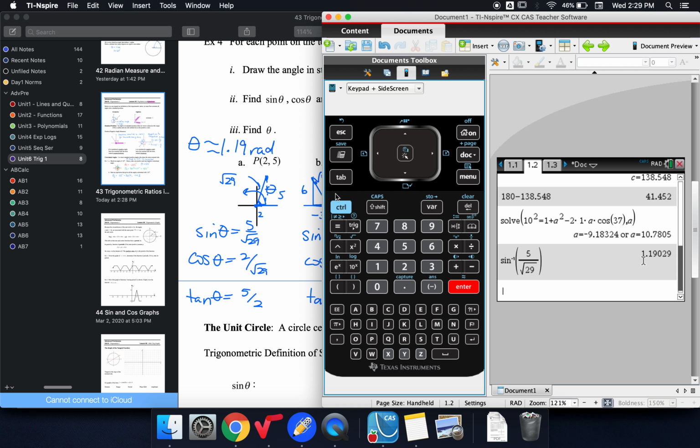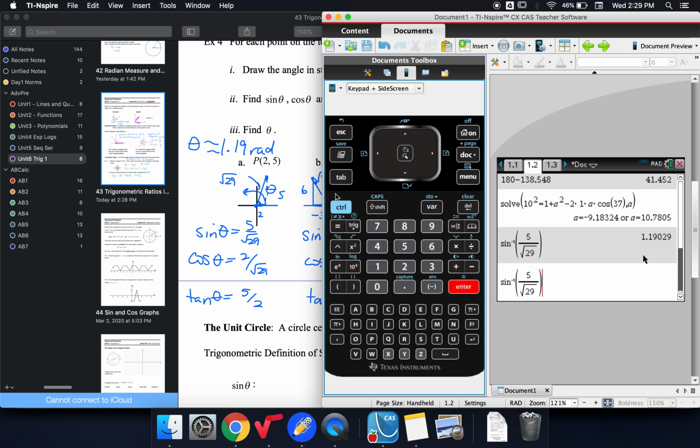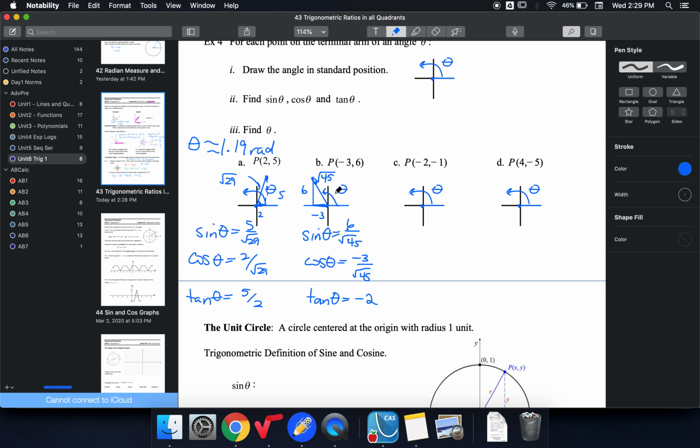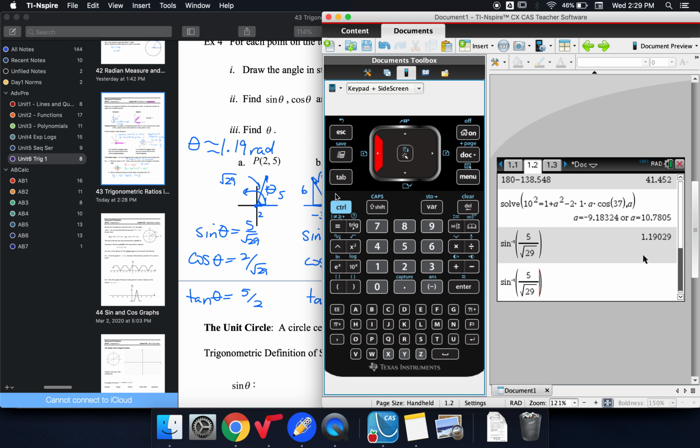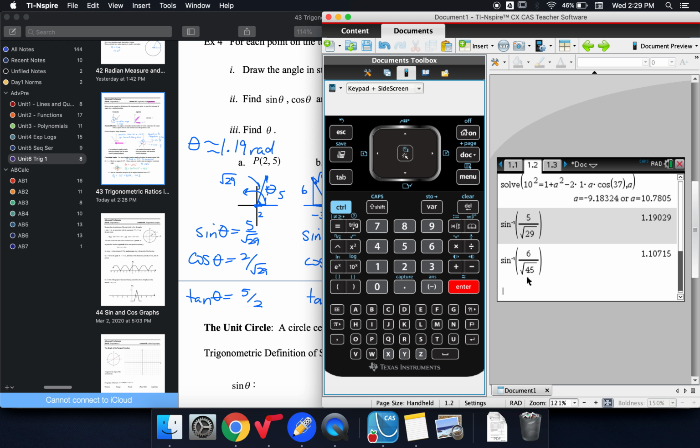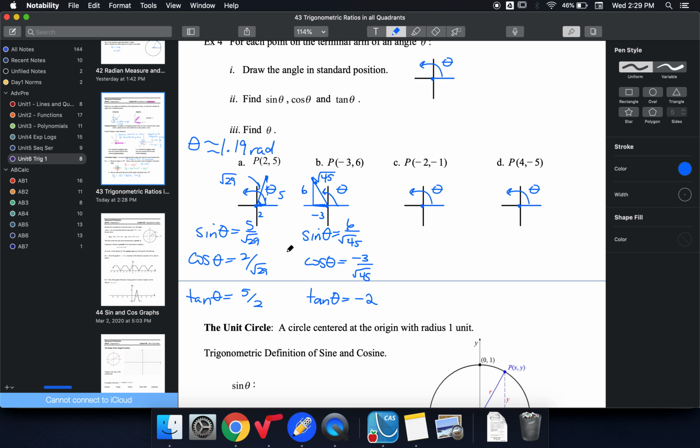So instead, I could do the same as I did here, but now, oh, I can't tell it what I want it to do. So if I did my sine inverse of 6 over root 45, I hit enter, it gives me an acute value.